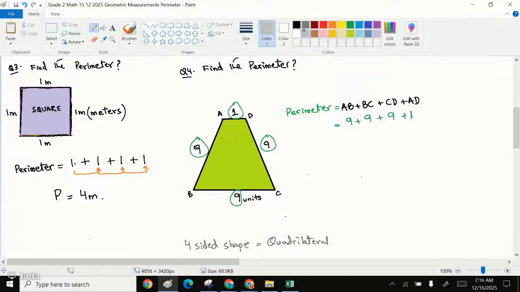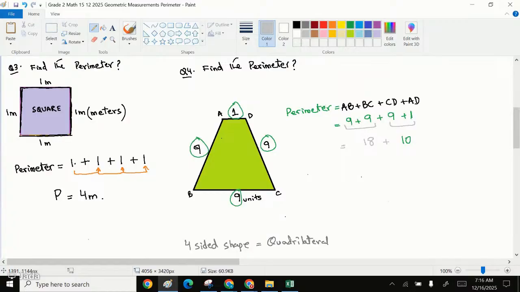Okay, the easiest way to add is 9 plus 1. We know this is 10. And what is 9 plus 9? Can anyone answer? 9 plus 9? Yes. 9 plus 9 would be 18.